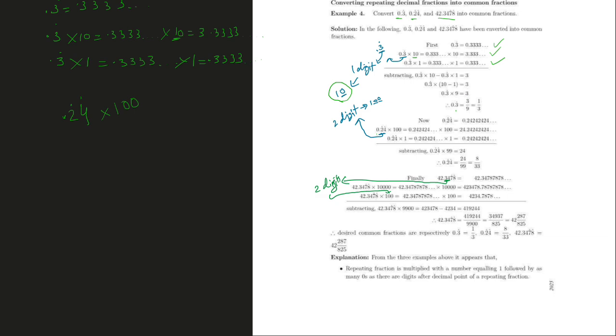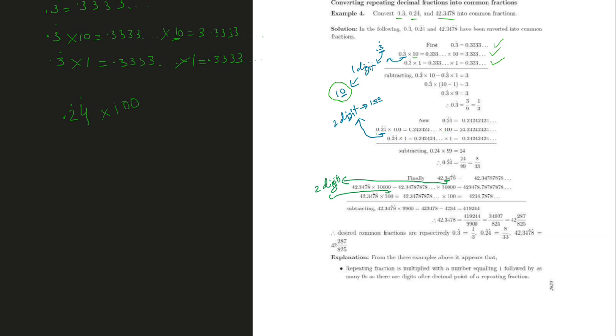Then they express this result as the conversion, because when they're subtracting, they take 0.3 as common, and that leaves 10 minus 1, which is 9, and then divide the result of the subtraction by 9, and it becomes 1 by 3.